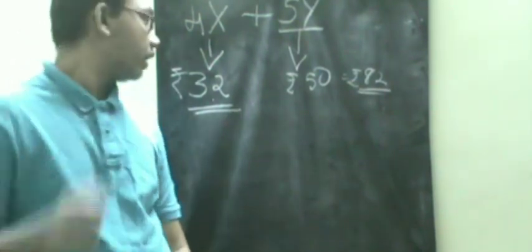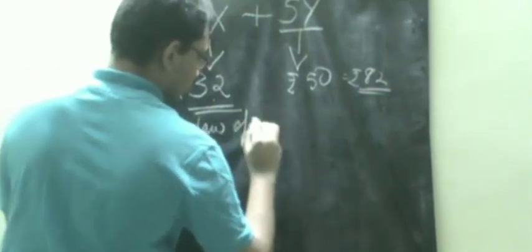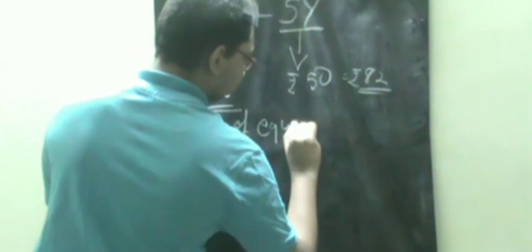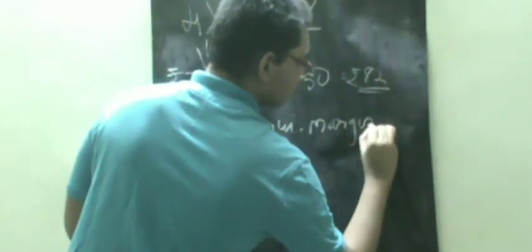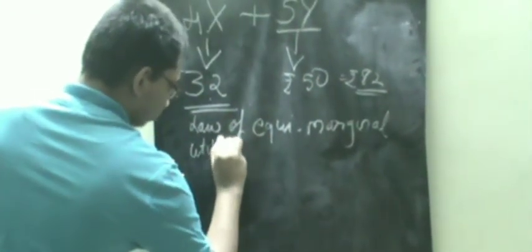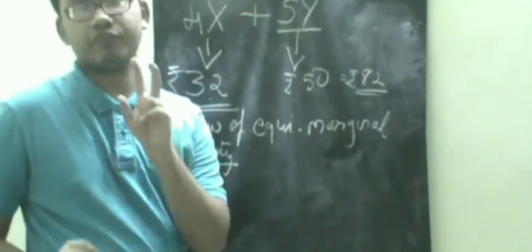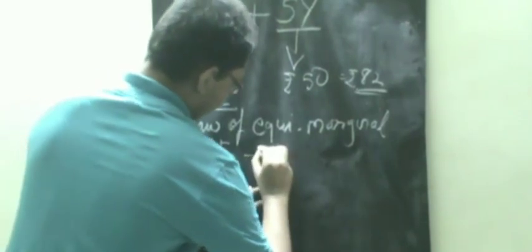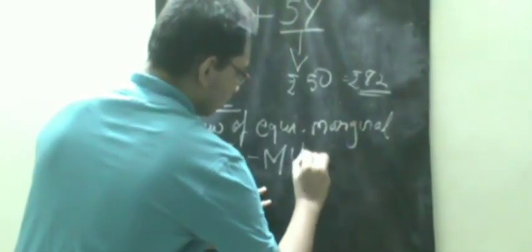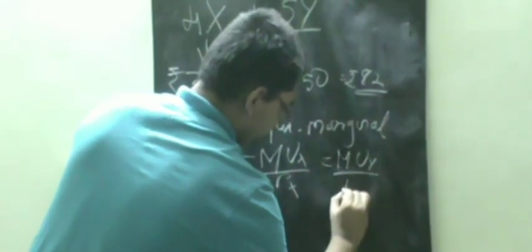Why? The reason is the law of equimarginal utility. What does this law say? When he is consuming 2 goods, then MUx by Px should be equal to MUy by Py.